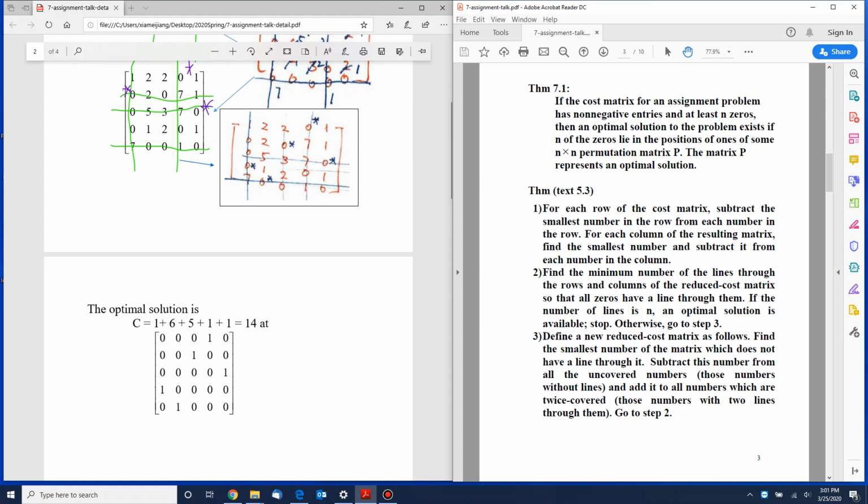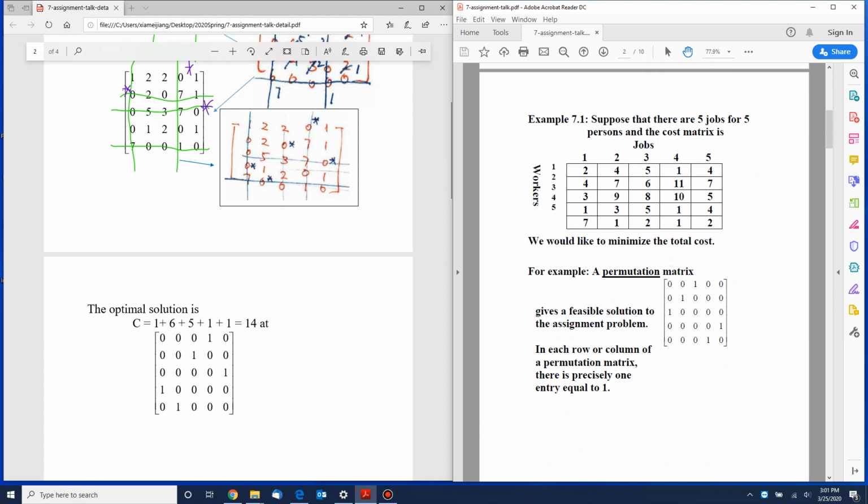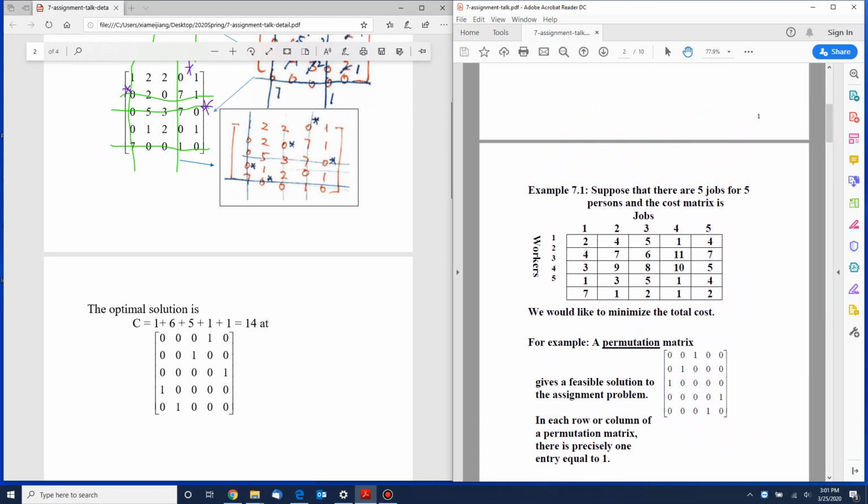Going back to the table, you can see that the first person takes job 4, and that costs 1. The second person takes job 3, and that cost is 6.